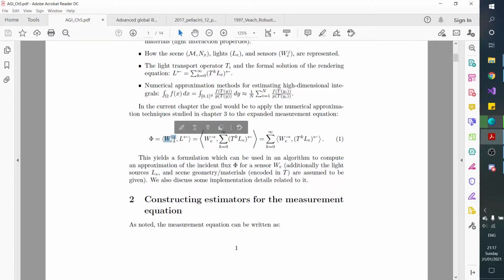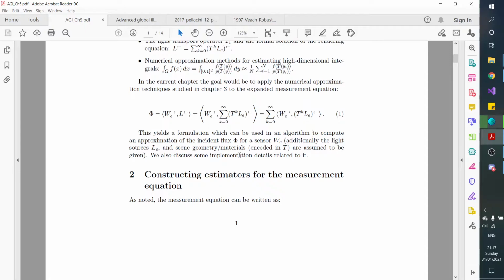Where you have the sensor, that's 1. Where the sensor is not, it is 0. And the radiance, okay, we know how to expand. So we expand it here, but the inner product is linear, so we can take out the sum and you get an infinite sum of these terms. So this is the measurement equation solution for this specific sensor. Questions?